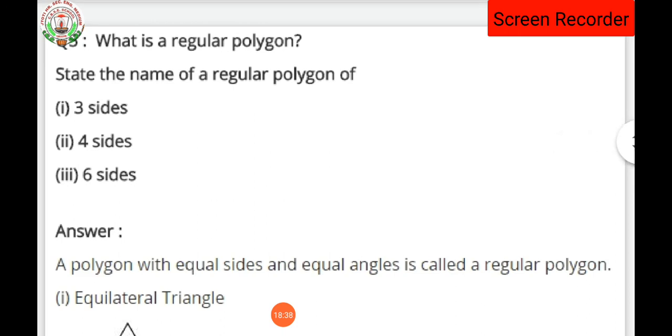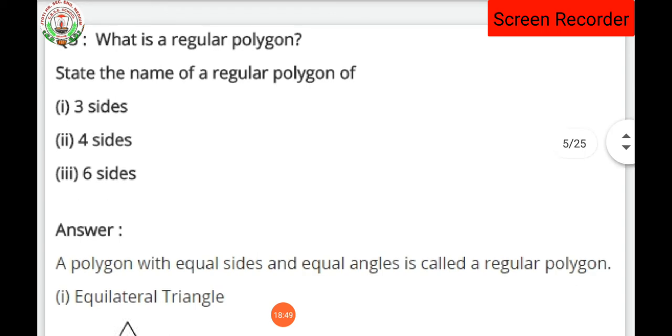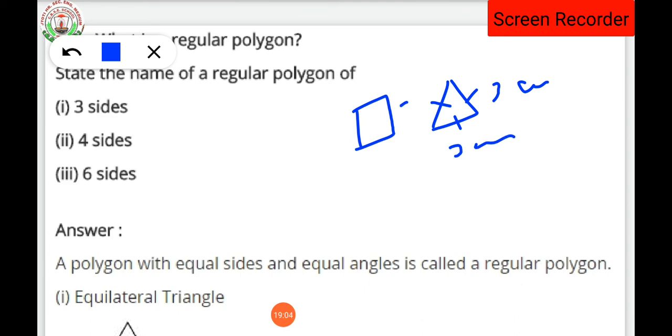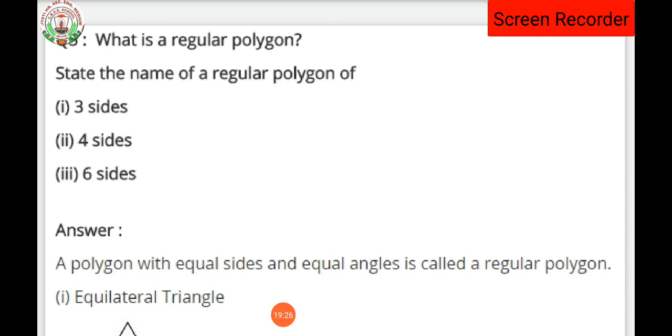As I told you in the video, a regular polygon is a polygon which is equiangular as well as equilateral. For example, in an equilateral triangle, all three sides are of equal measurement and the angles are also equal, 60 degrees each. Such a figure, which is equiangular as well as equilateral, is said to be a regular polygon. This is the definition of a regular polygon.